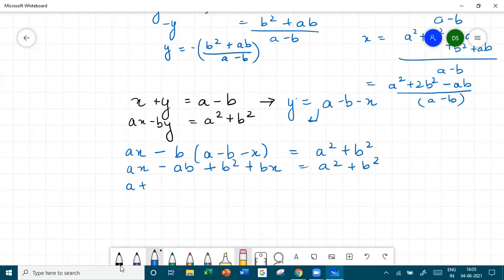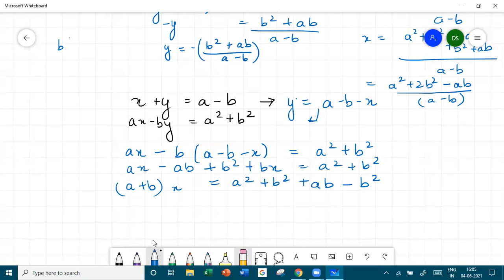Okay, a plus b common x, a square plus b square plus ab minus b square. Okay. Oh, okay.